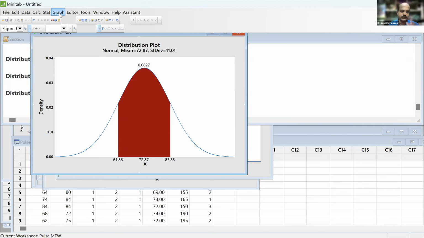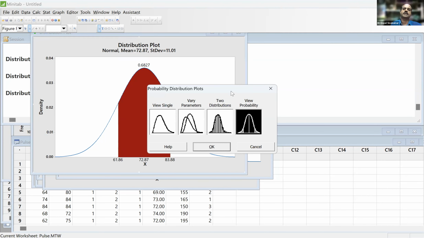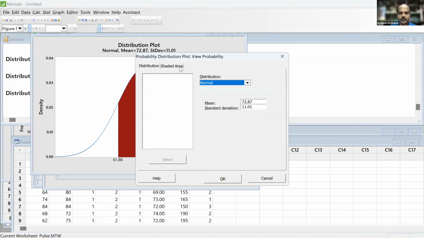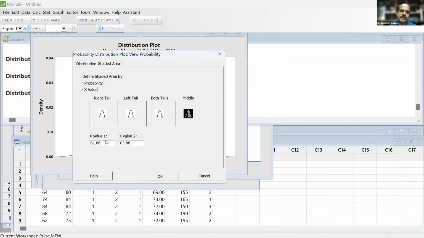We can now apply it for 2 sigma also. Graph, probability distribution, now come to probability. Choose the distribution, mean and standard deviation. Go to the shaded area. Now give the 2 sigma points. Krishnan, can you help me with the 2 sigma points?